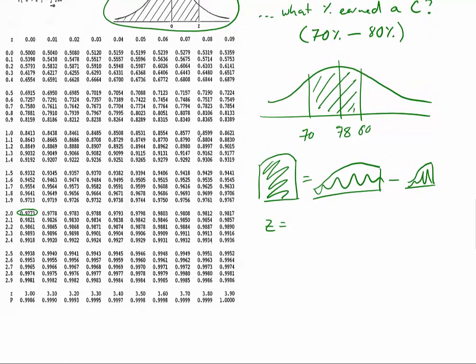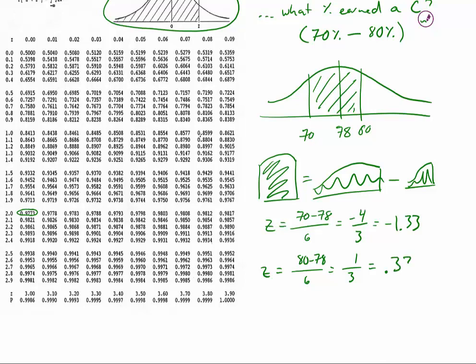So z equals, go from left to right, so 70 minus 78 over 6. So this z-score is going to be negative 4/3 or negative 1.33. And the z-score for the other side is going to be 80 minus 78 over 6, which is positive 1/3, which is 0.33.